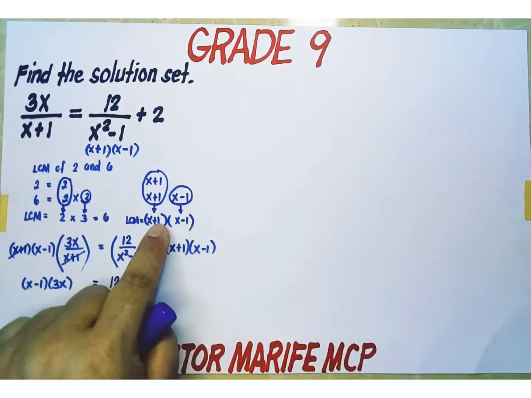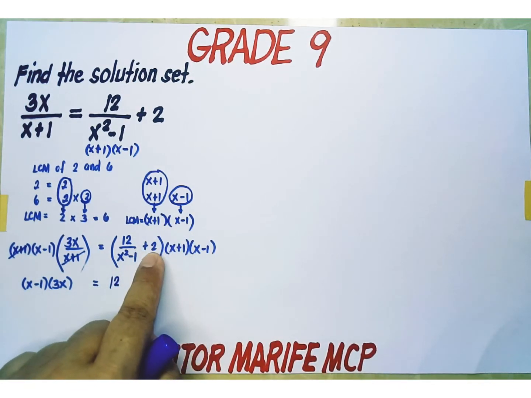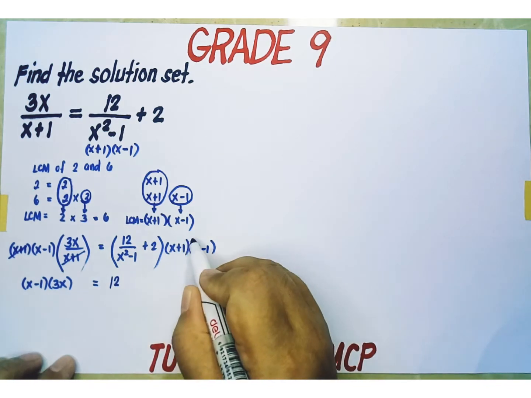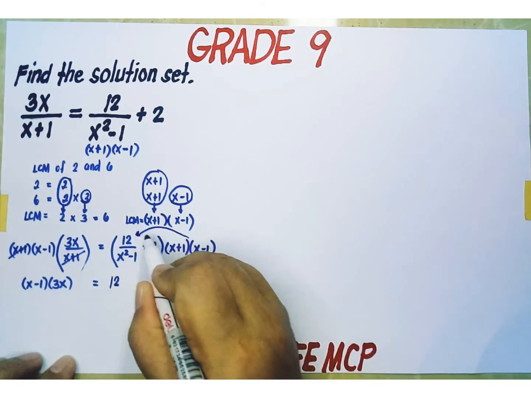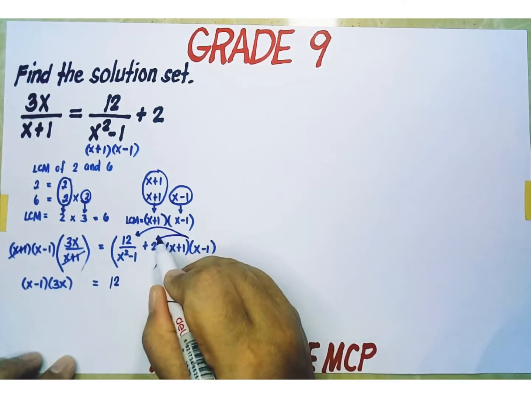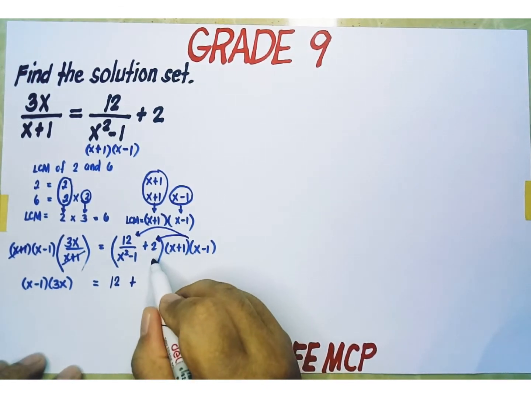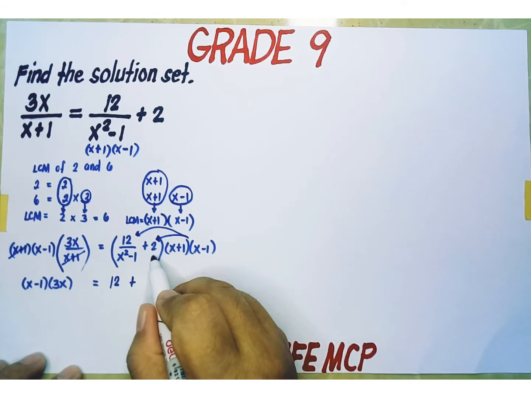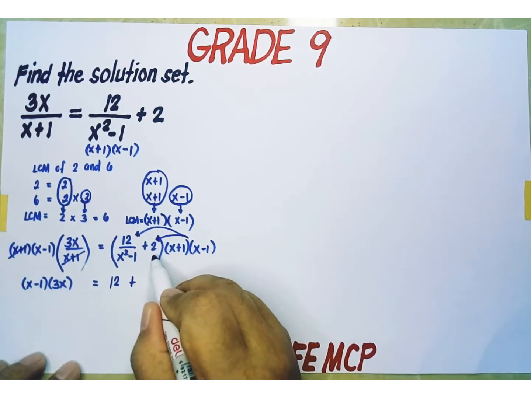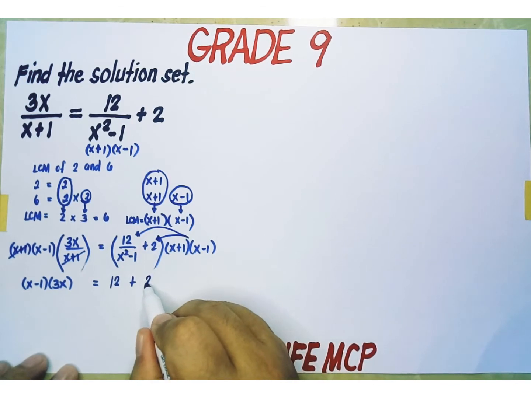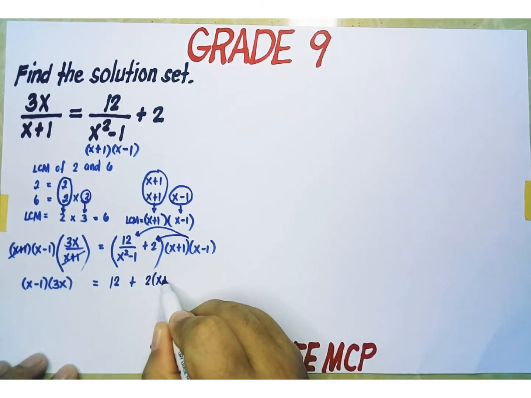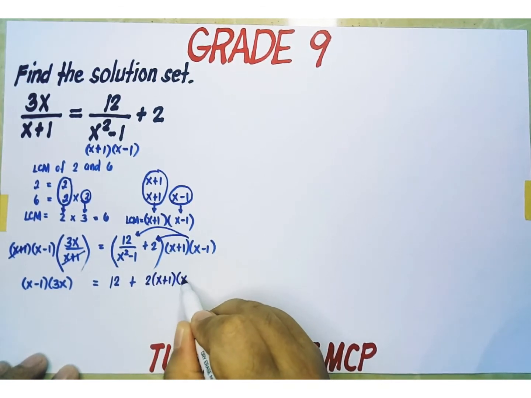Next, we multiply the LCM by the second term. So, distributive ang ginawa natin. Yan. So, we simply multiply kasi wala naman tayong denominator na i-eliminate dito sa second term ng right side. So, 2 times the LCM.